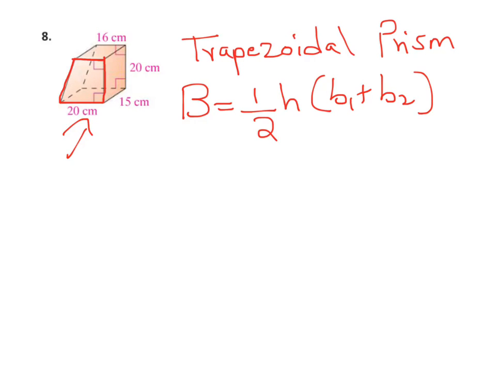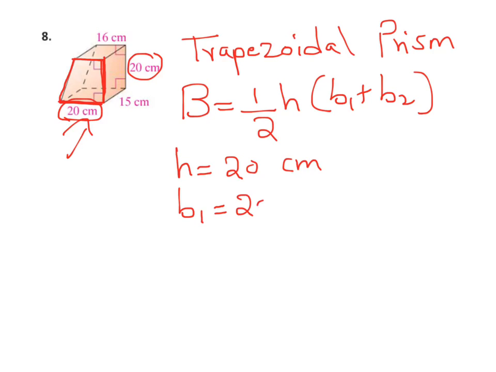Now in this trapezoid, what is the height of the trapezoid? The height of the trapezoid is 20 centimeters. And how much is B1, the base 1, which is again 20? And how much is base 2, which is 16?